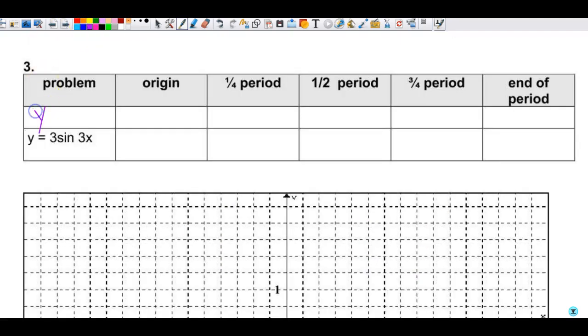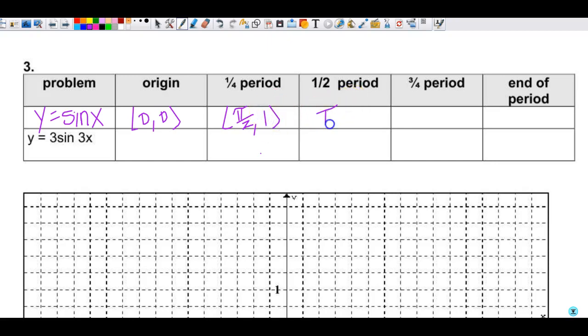This is going to be y equals sine of x. So our origin for sine is 0, 0. Then we get pi halves, and 1.